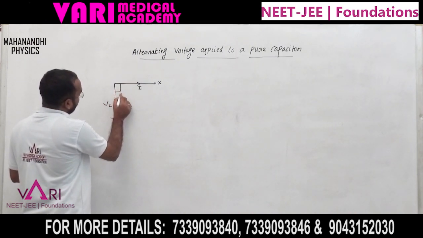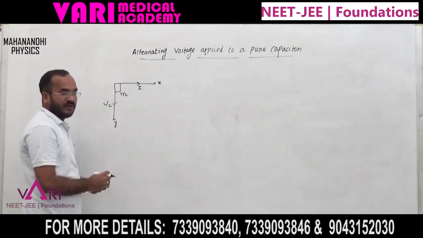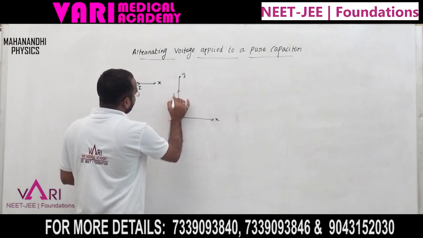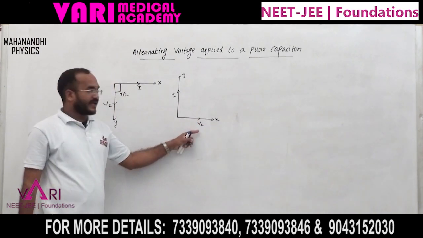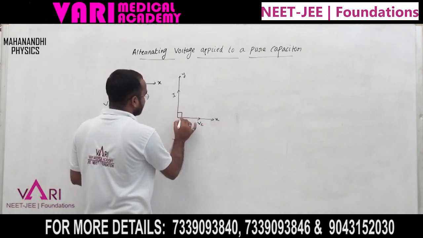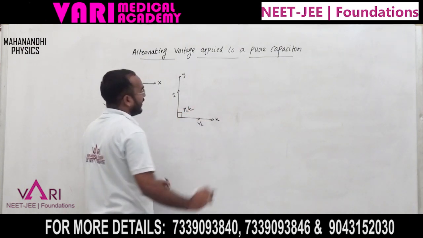This angle is pi by 2. The current leads and the potential lags. VC is the capacitor potential, and the phase angle is 90 degrees, pi by 2.